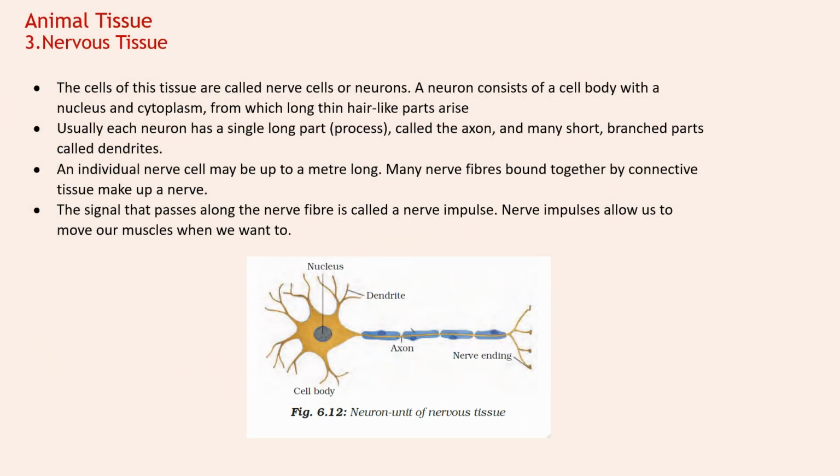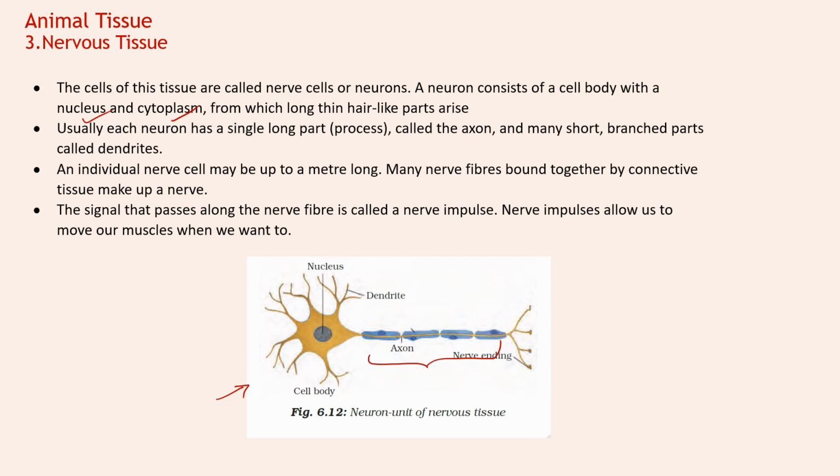The last animal tissue is nervous tissue. As you can see here in the figure, these cells are very long. They have a nucleus, cytoplasm, and at the end, long thin hair-like parts. Usually each neuron has a single long part called the axon, as you can see here.